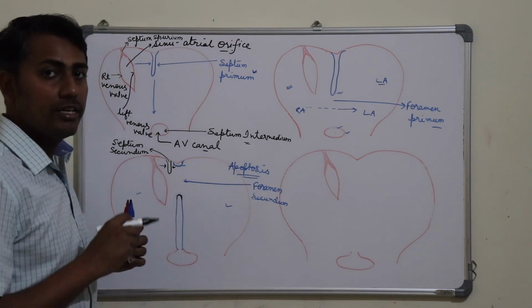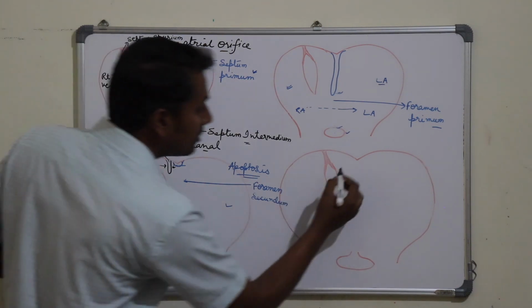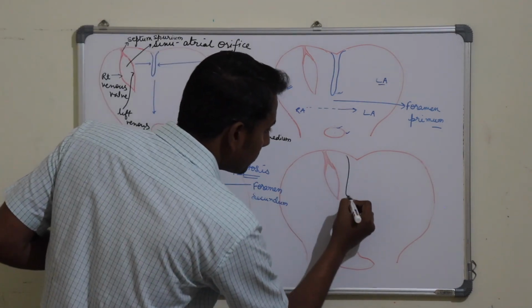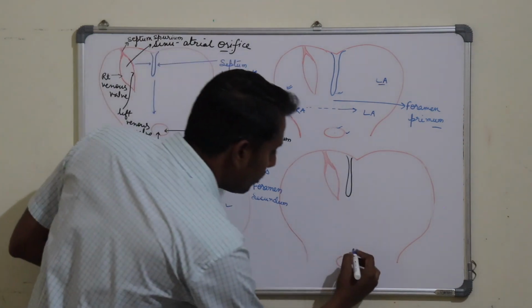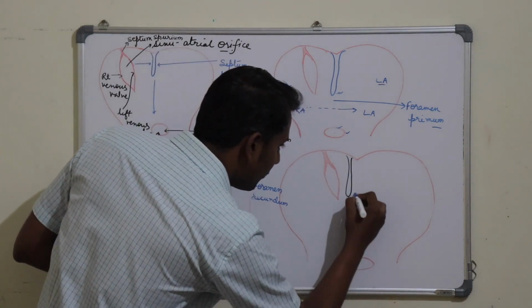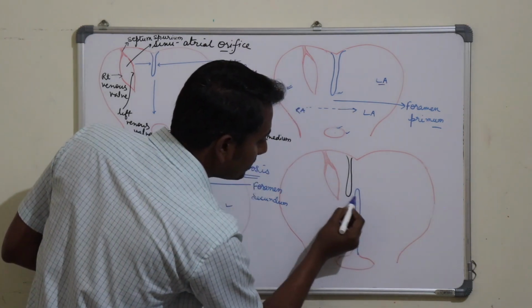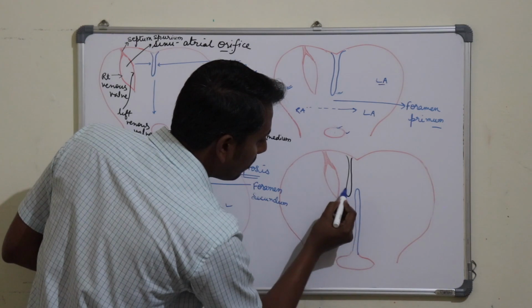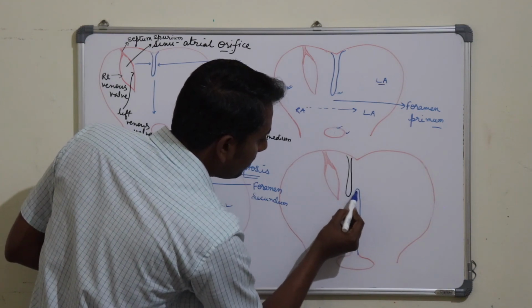With the downward growth of this septum secundum, this septum secundum will gradually overlap the upper free margin of the septum primum. Here you can see it is the lower margin of the septum secundum overlapping the upper free margin of the septum primum.